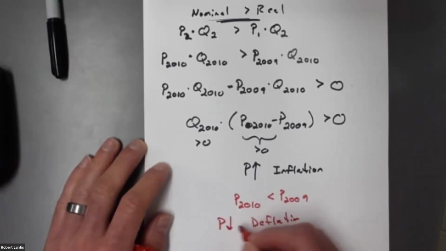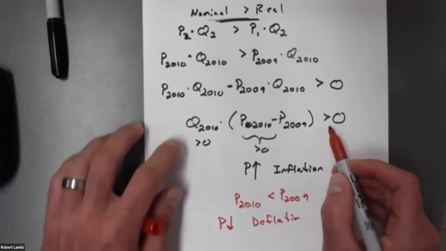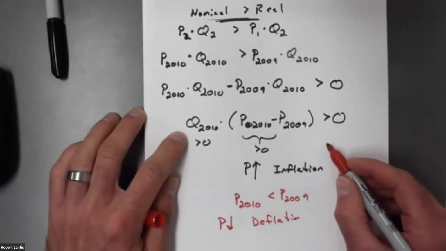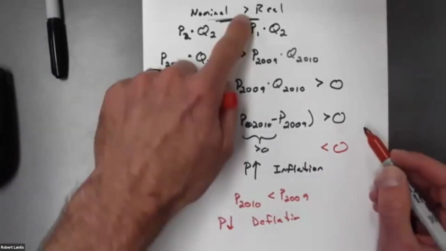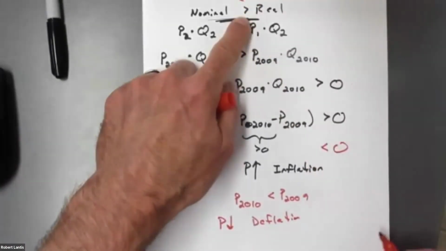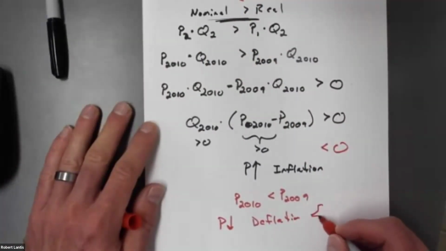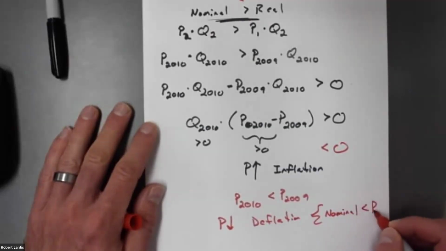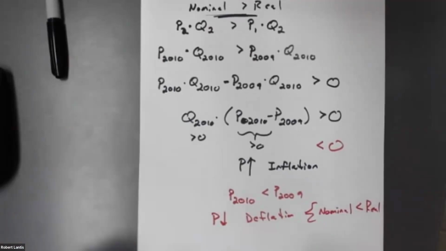Prices are decreasing. What would have to be true? Well, this is no longer greater than 0. This would actually be less than 0, which would flip this sign, meaning that when we have deflation, our nominal GDP would be less than our real GDP. So this is the mathematical support behind that reasoning.